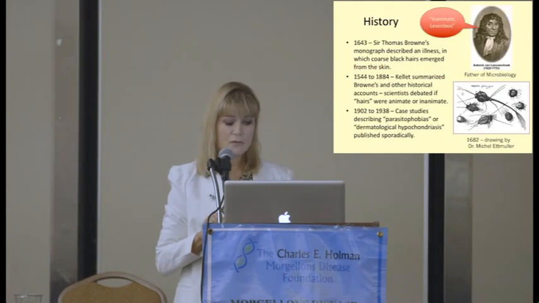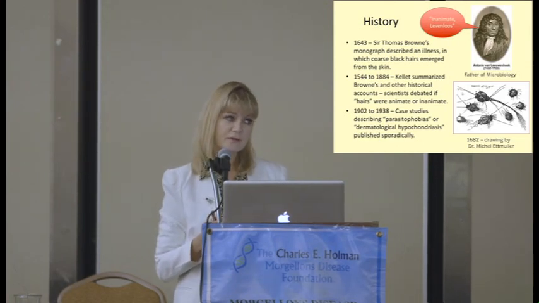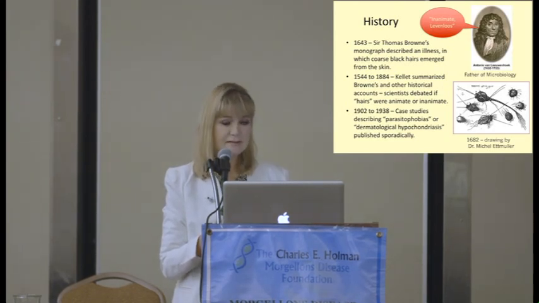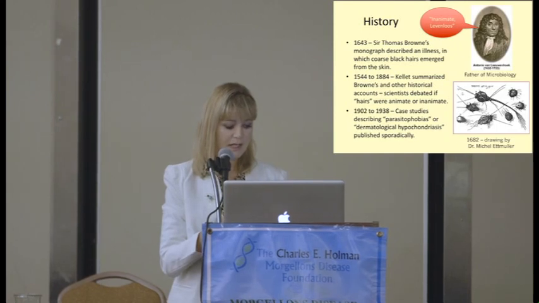Now we're going to go over the history again, but this time from the infectious point of view. So again, in 1643, Sir Thomas Browne described an outbreak of illness that occurred in France. It was described as coarse black hairs emerging from children's skin.